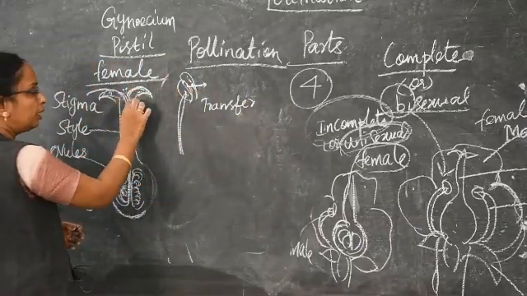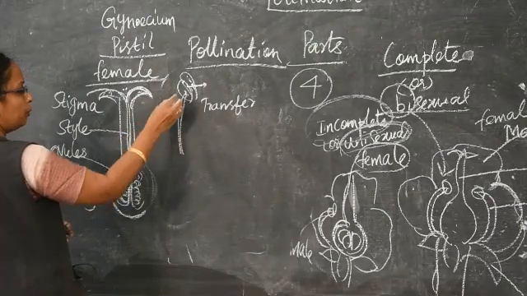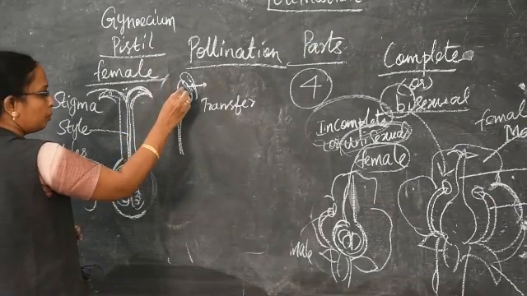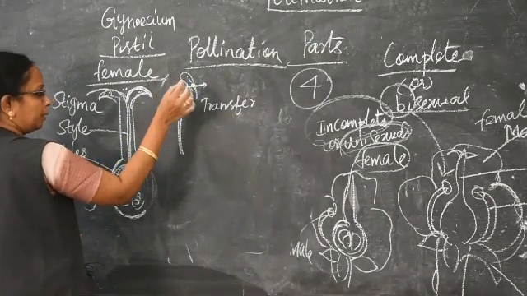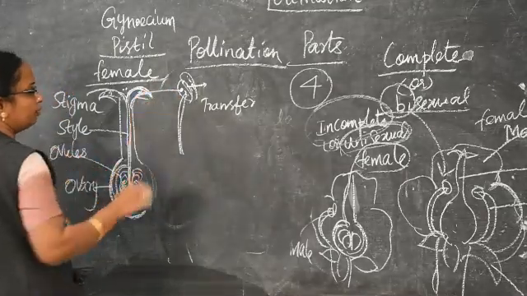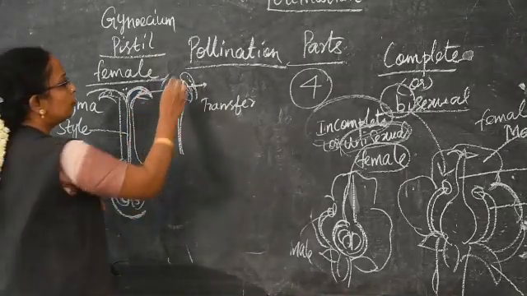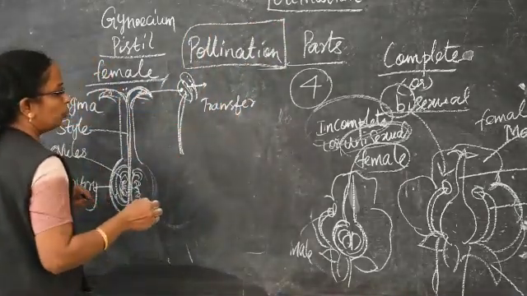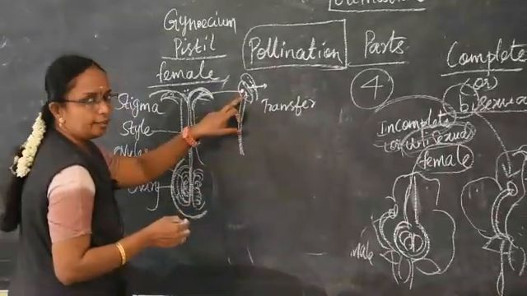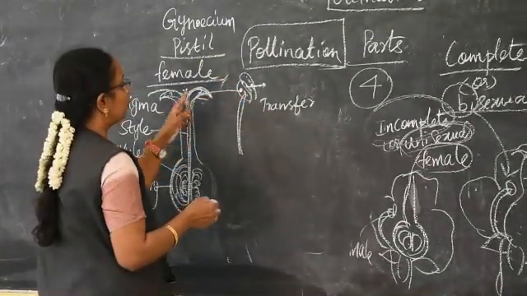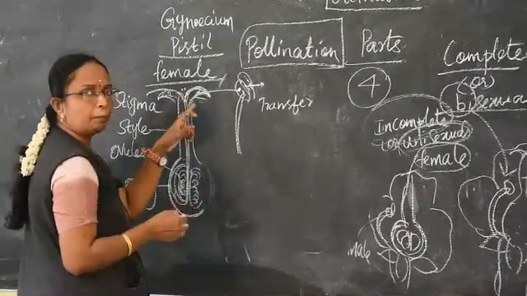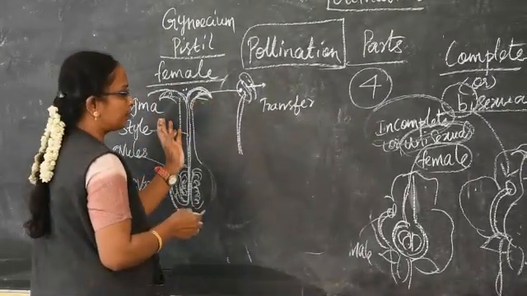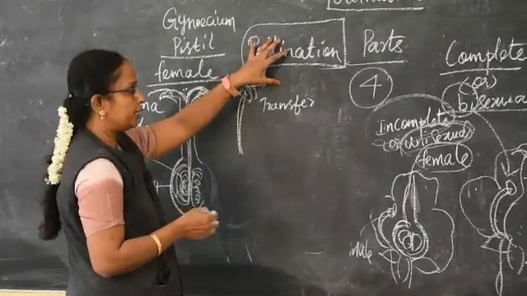What is the stigma? It is the female reproductive part. The transfer of pollen grain from the anther to the stigma of the flower is known as pollination. So, the transfer of pollen grain from the male flower to the stigma of the female flower. If it is transferred, that is known as pollination.